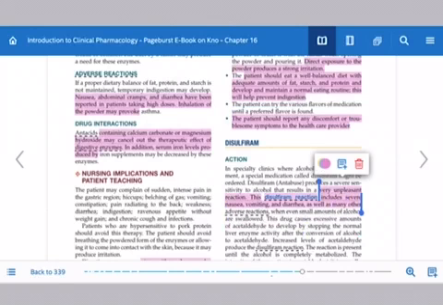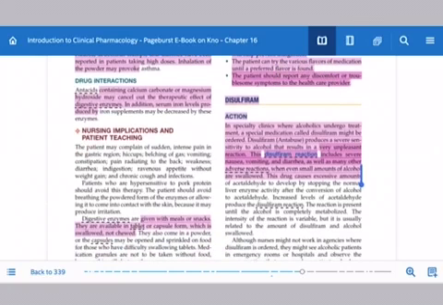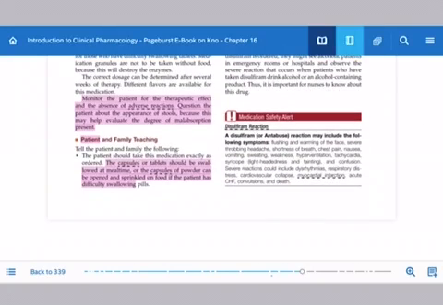The reaction is present until the alcohol is completely metabolized, and the intensity of the reaction is variable, but is usually related to the amount of alcohol swallowed, or the amount of disulfiram and alcohol swallowed. Make sure you read over this disulfiram reaction section, guys.